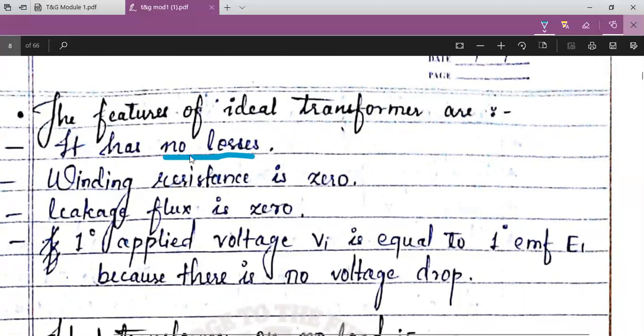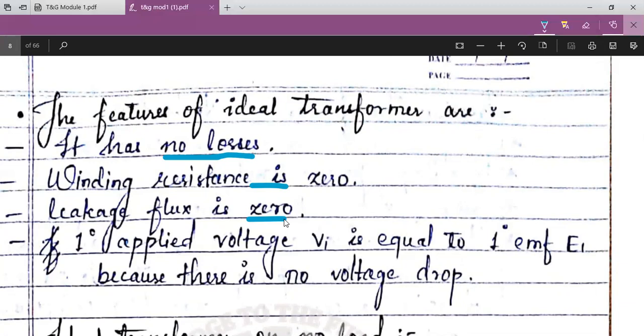The feature is that it has no losses, winding resistance is zero, and leakage flux is also zero. The input voltage will be the same as the output voltage, that is V1 equals E1, the input voltage is the same as the induced EMF in the primary winding, and similarly V2 equals E2 in the secondary winding.